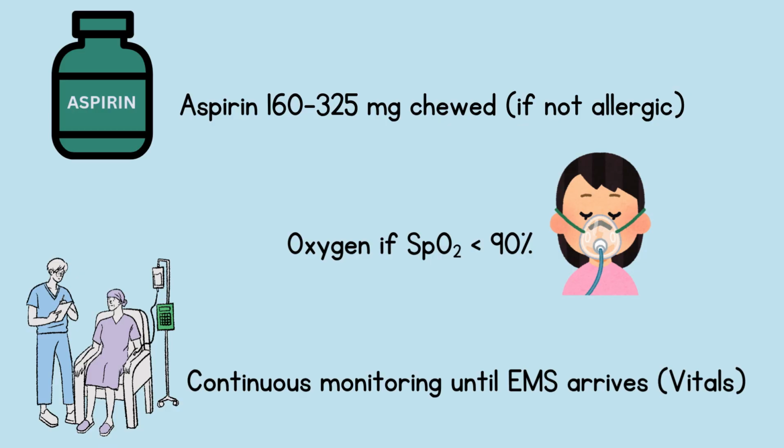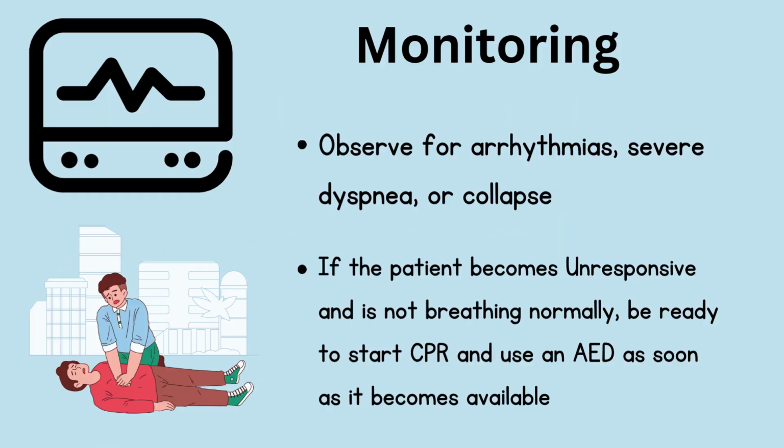Administer supplemental oxygen if indicated. Continue monitoring the patient's condition closely. If the patient becomes unresponsive and is not breathing normally, immediately begin high-quality CPR and use an AED as soon as it becomes available.